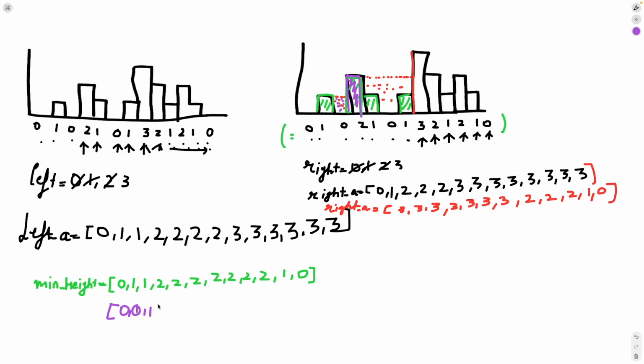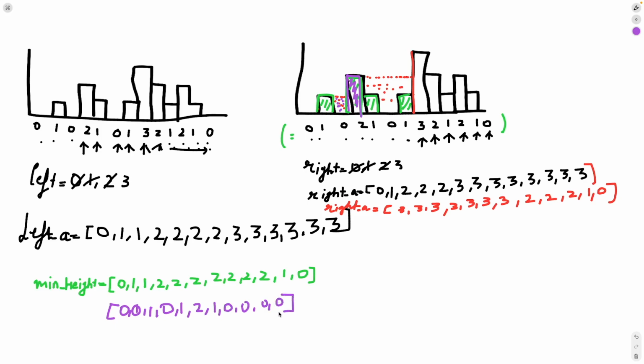Now for 2, it's again 0, then it's 1, then it's 2, then 1, then 0 and 0 and so forth.